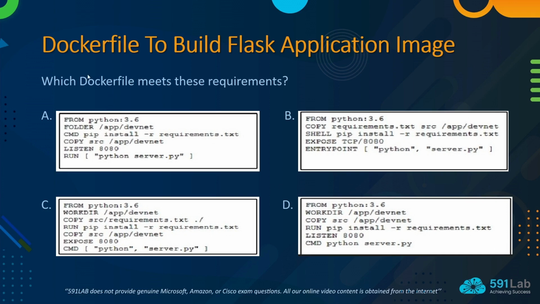So if you're familiar with Dockerfile, you will find listen is not a correct parameter, and if you use shell, the data style must be JSON. And you will find other mistakes in answers A, B, and D. So answer C is the right one. It is the correct one for this question.